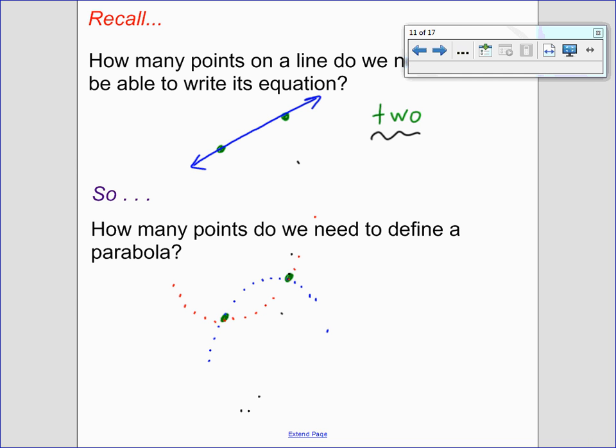Once I put in a 3rd point, there's only 1 parabola that will connect all those 3 points exactly. Now, if we're given real life data, none of the points may fall exactly on the parabola. It's the shape of the data, rather, that determines that we use quadratic regression. And so we're going to do both.